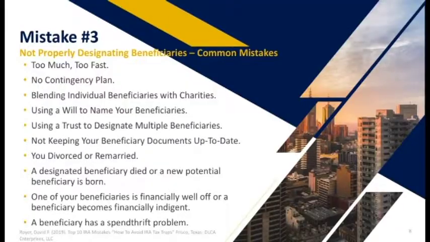Another mistake can happen. A designated beneficiary, like I said, could die, or a new potential beneficiary is born. So that can cause a lot of different problems. And I go back to keeping that beneficiary document up to date. Something else too, a common mistake. One of your beneficiaries is financially well off, or a beneficiary becomes financially indigent.